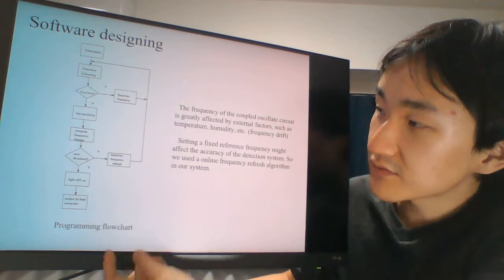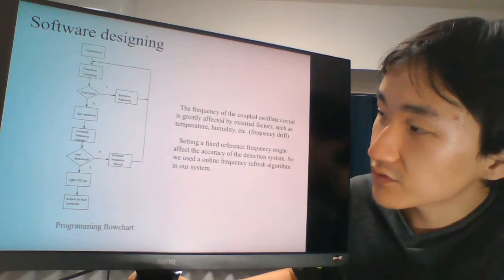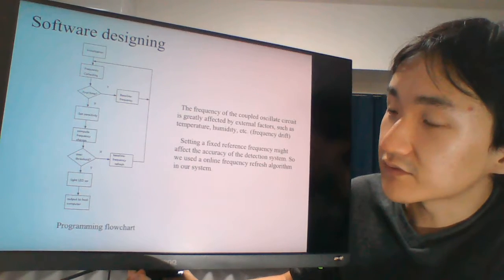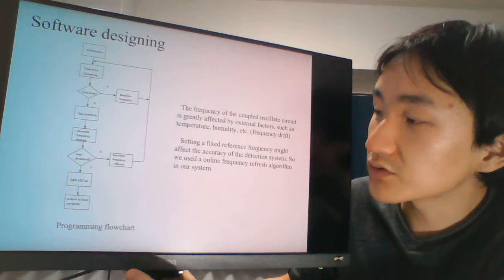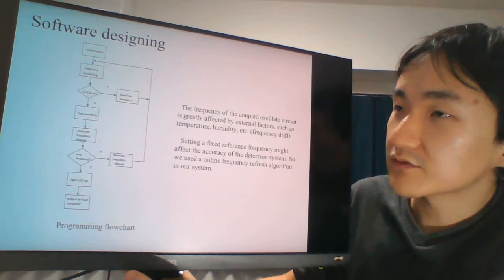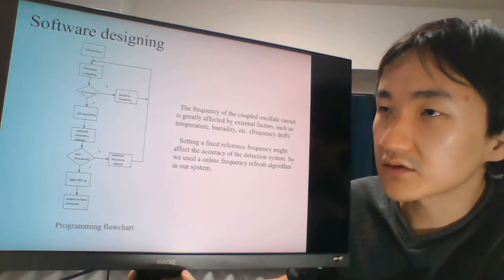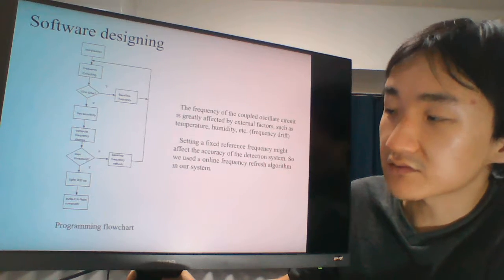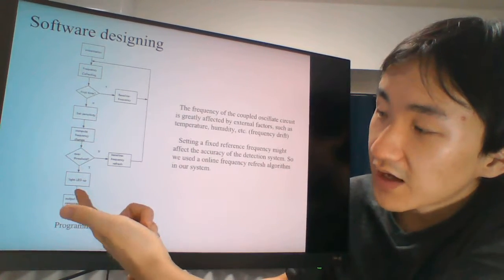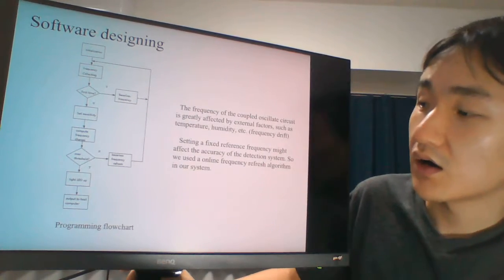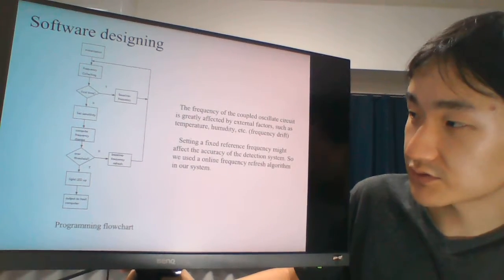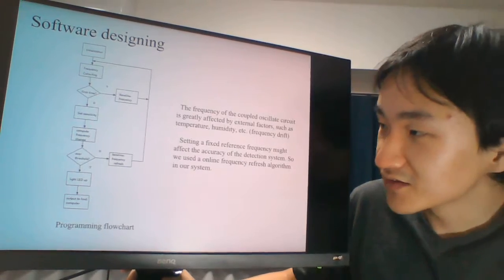Then we set the sensitivity and compute the frequency change, and if the frequency change is over our threshold, then we can tell there's a car present. So we turn the LED on and output the signal to our host computer.